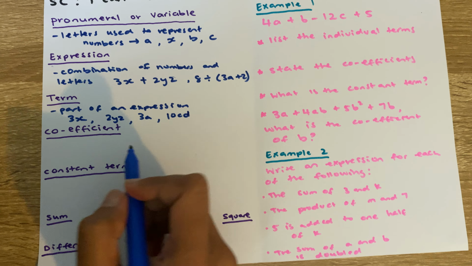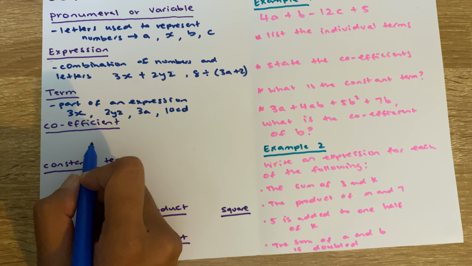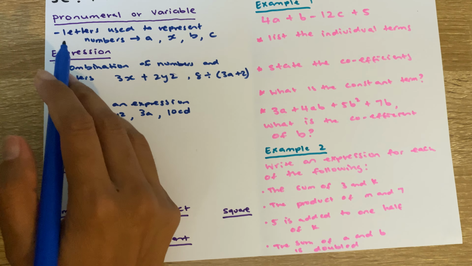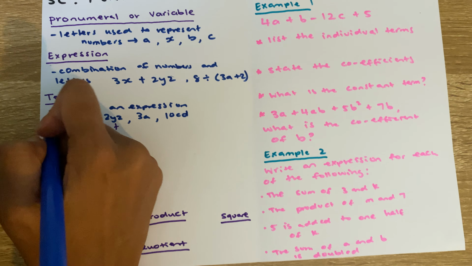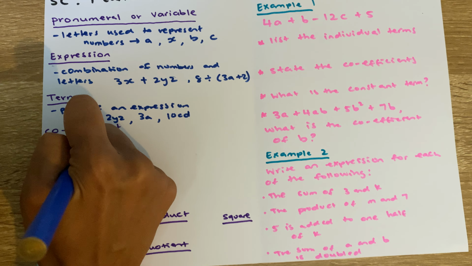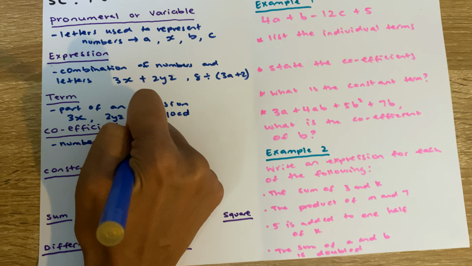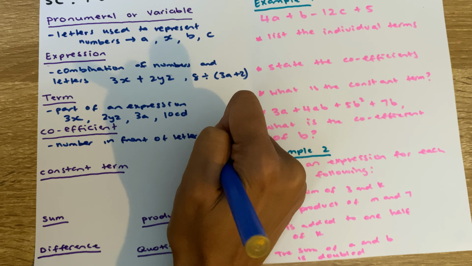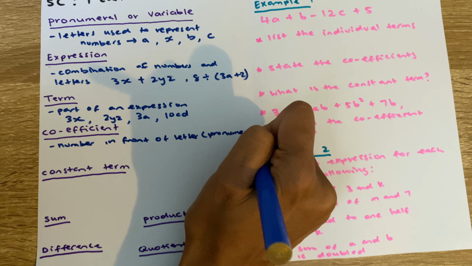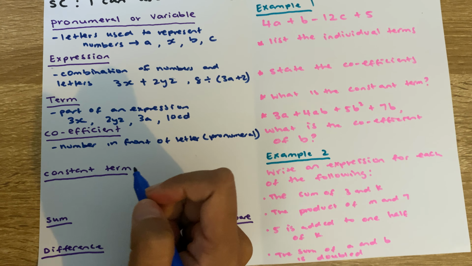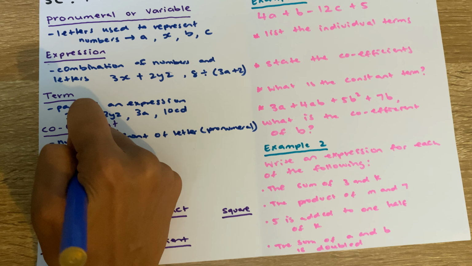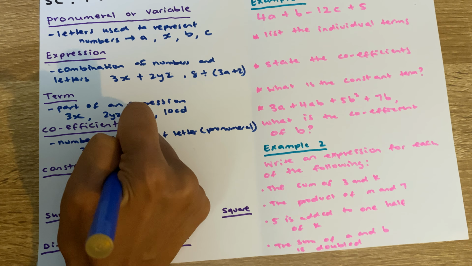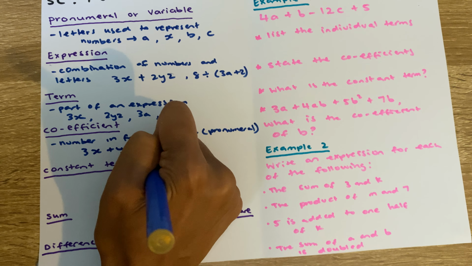Okay? A coefficient is the number in front of our pronumeral, the number in front of our letter. So we're going to write here: number in front of letter. And I'm going to write pronumeral in brackets because that's what it actually is. Okay, so say I had the expression 3x plus y take away 7z.